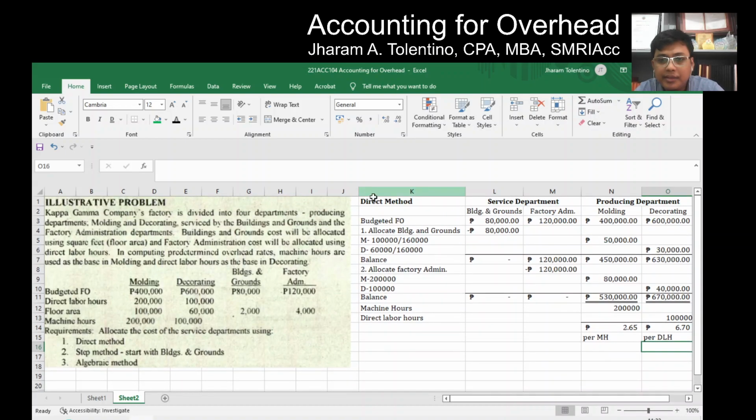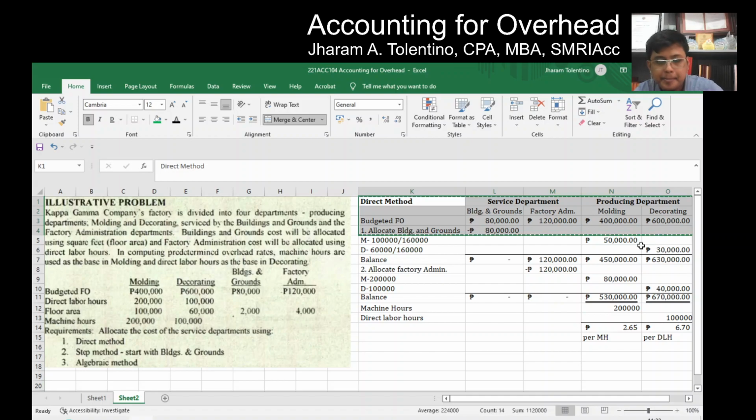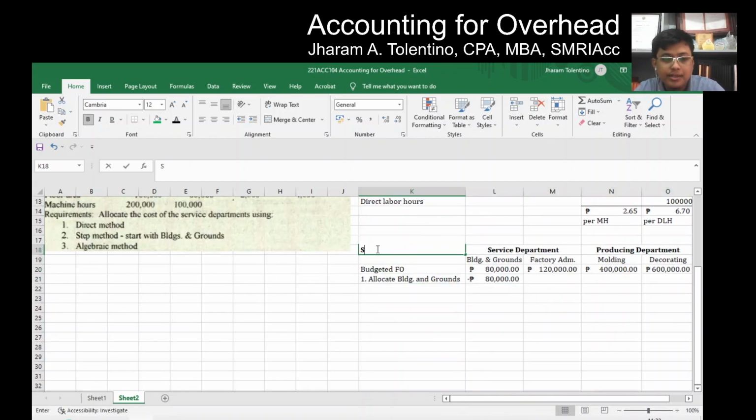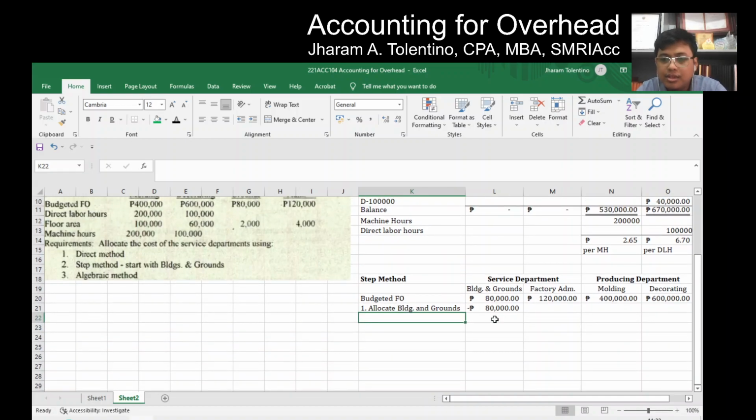Next, gawin naman natin yung step method, or sequential method. Look, sabi niya, start with building and grounds. So, yung 80,000 should be allocated, meron na tayong recognition na services done to other service department.